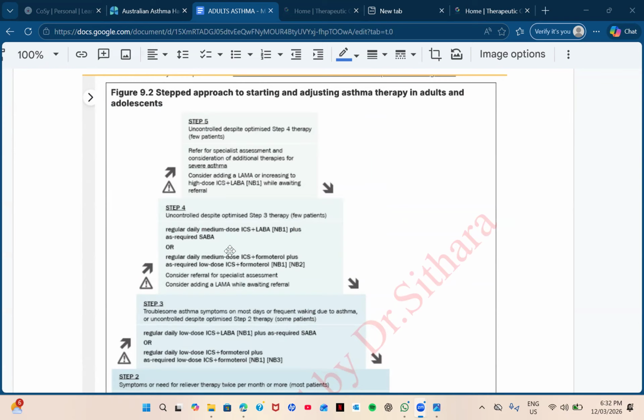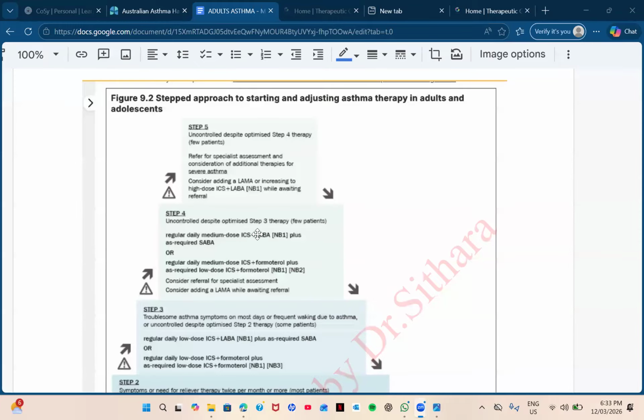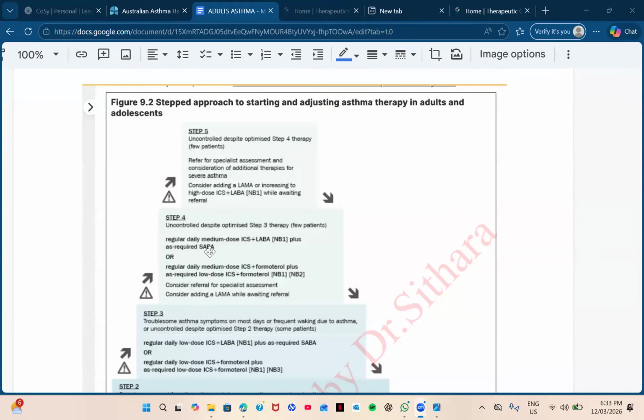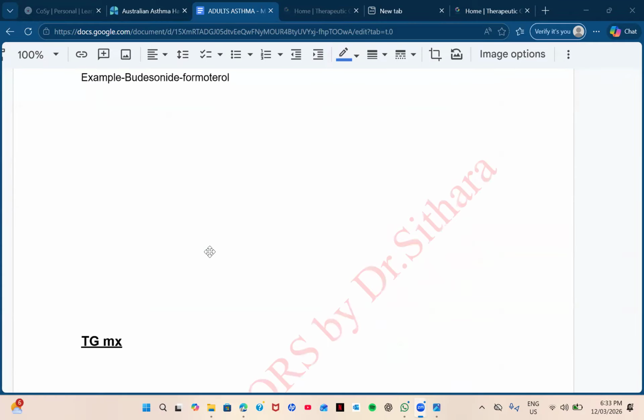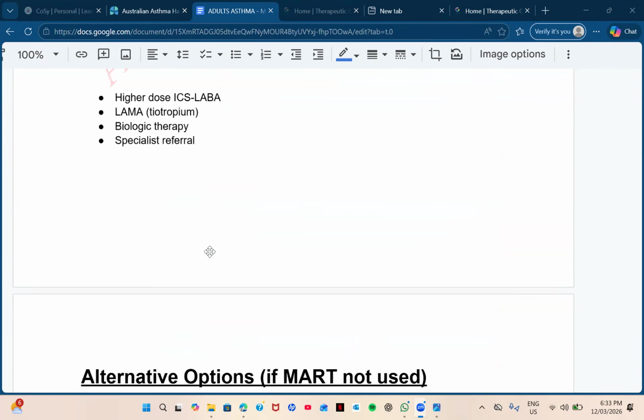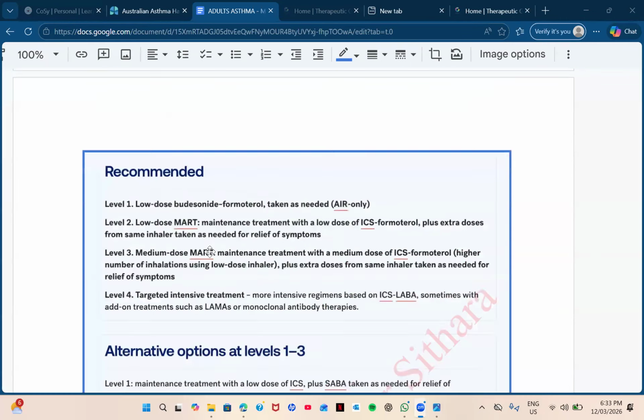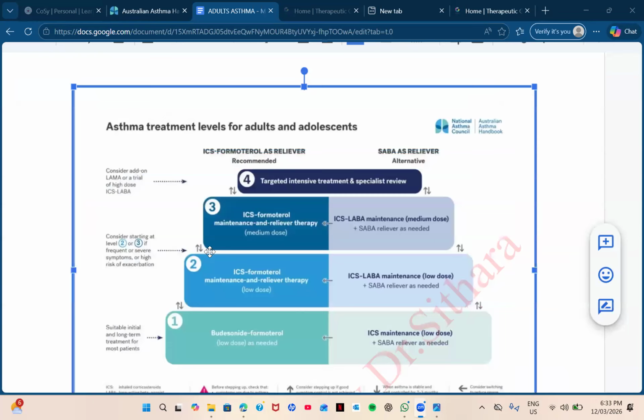But when we consider it smoothly, it's almost the same. Always remember this SMART therapy. I'm recommending you to follow this chart. It's very easy. Okay, let's see.